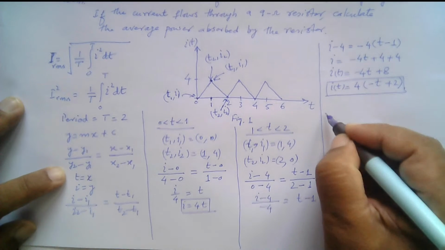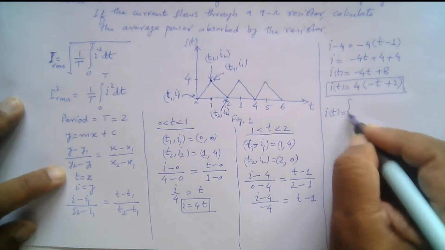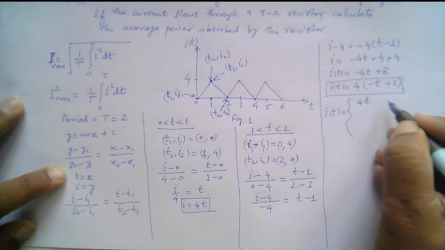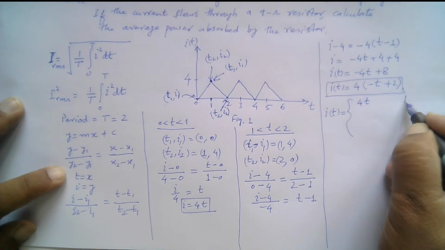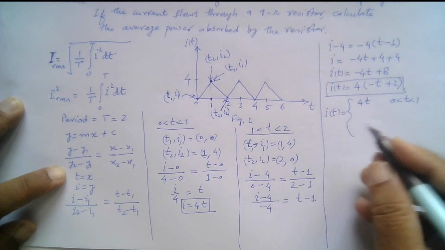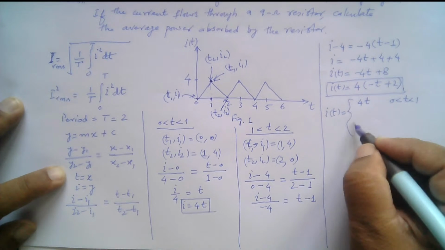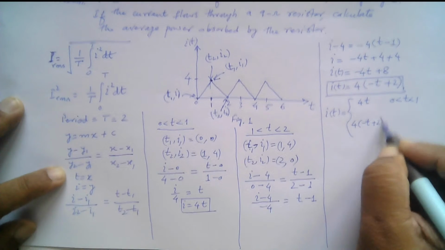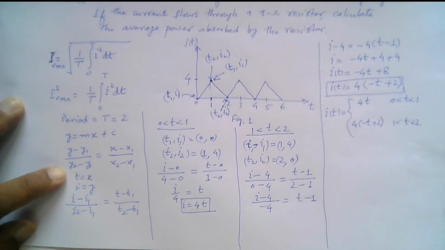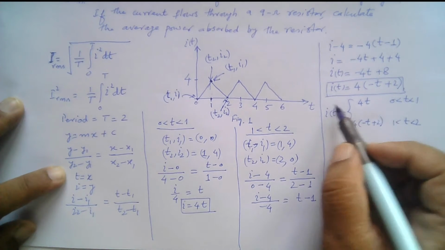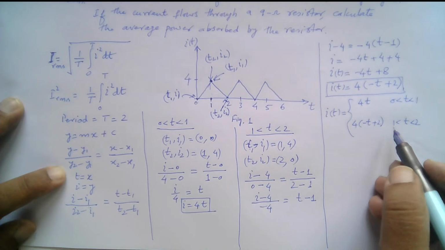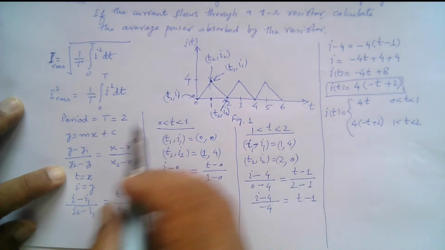So I of t is given by this equation. I of t is equal to 4t when t is greater than 0 and less than 1, and I of t is given by 4 times (minus t plus 2) when t is greater than 1 and less than 2. So this is the complete equation for I of t for this one period that we have found. Using this equation for one period, we can find the RMS value.